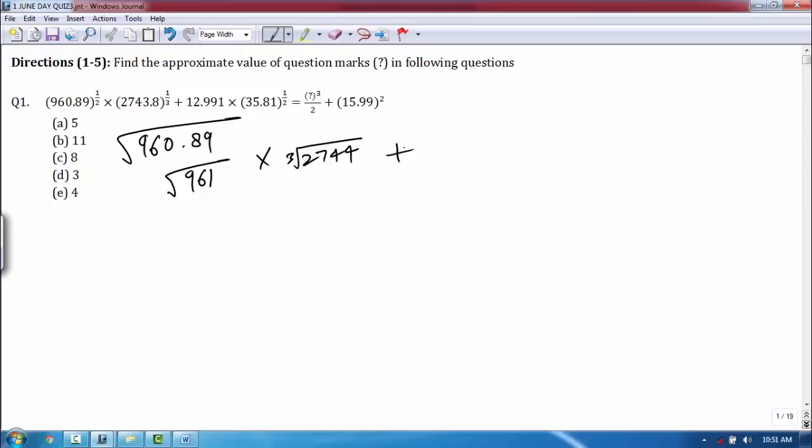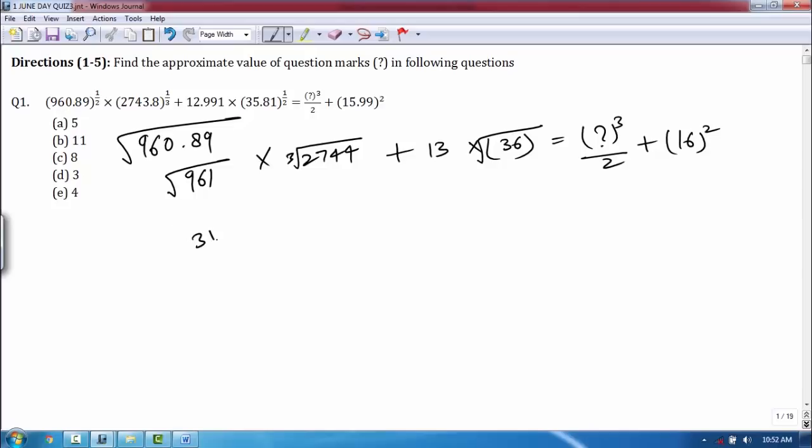Plus 12.991, that means 13, into 35.81, means 36. So cube root of 36 is equal to question mark to the power 3 upon 2 plus 15.99, means 16 square. Then what is the square root of 961?